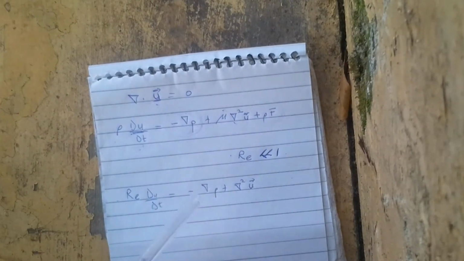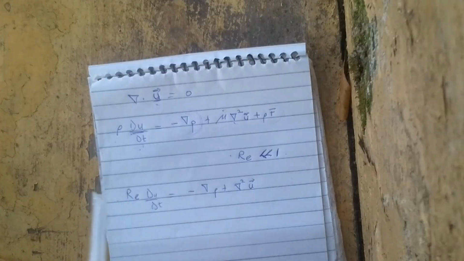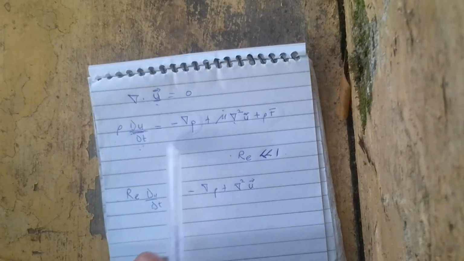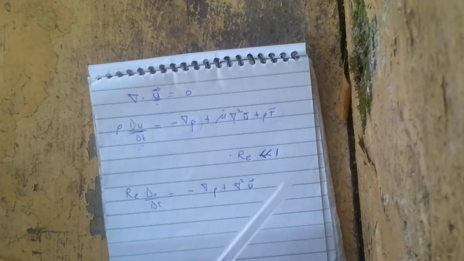Let's just say that this Reynolds number takes care of fluids that are very, very light. So they have negligible mass. That's why we took the mass out, and then there is no external force or gravity.